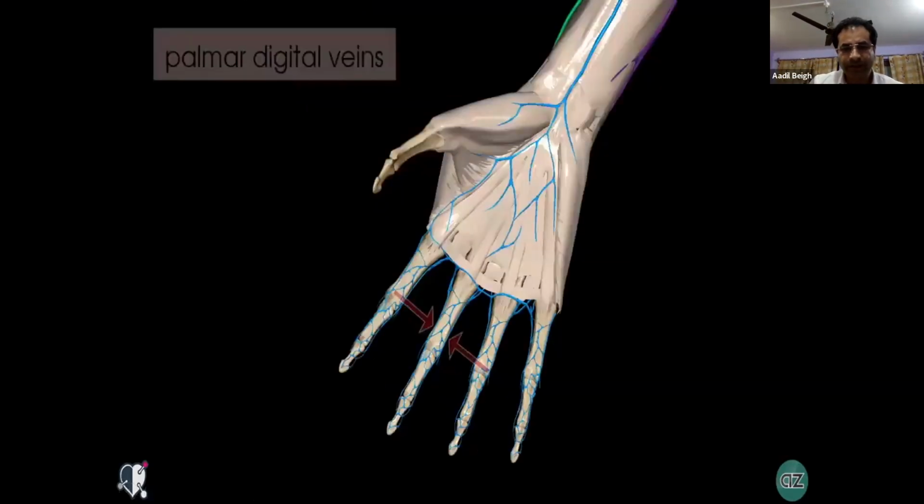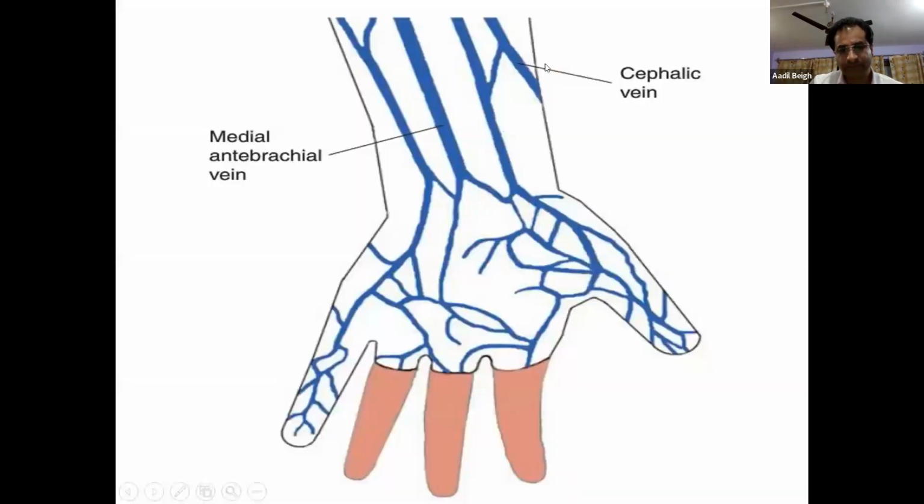And on the palmar side, the digital veins join in the palm and form the median antebrachial vein. So there are three veins. On the medial side, there is a basilic vein. On the middle part of the forearm is the median antebrachial vein, and on the lateral side there will be the cephalic vein.